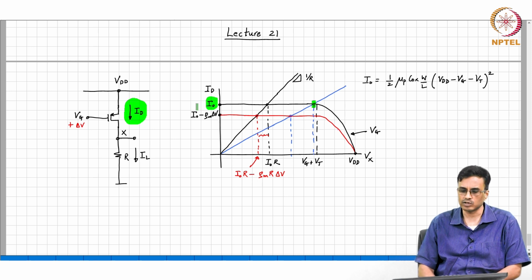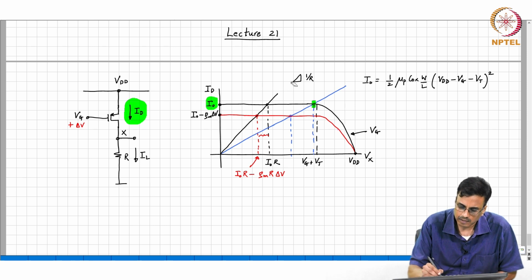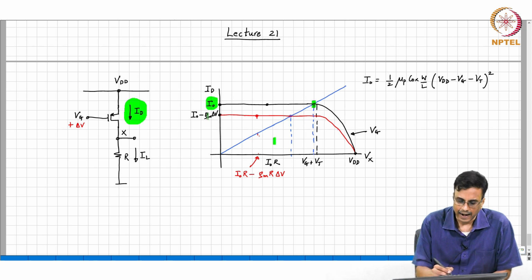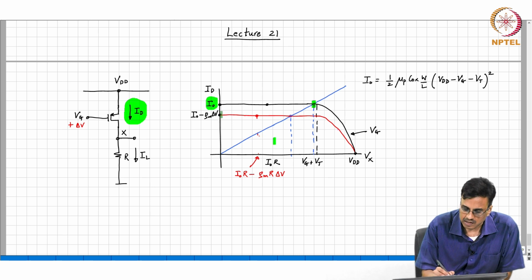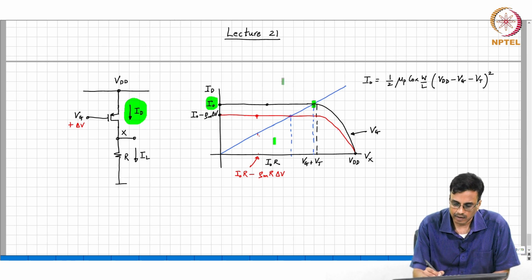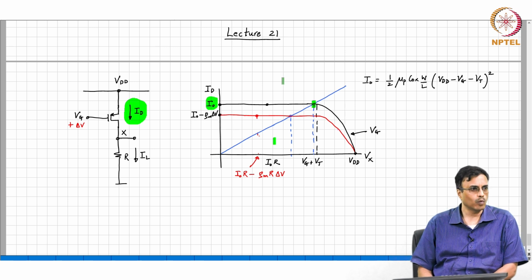R is chosen such that we are operating with the blue curve. Is that clear? Alright. I do not want I naught to change, and consequently gm to change. So, that remains fixed. If I want to increase the gain, what can I do?